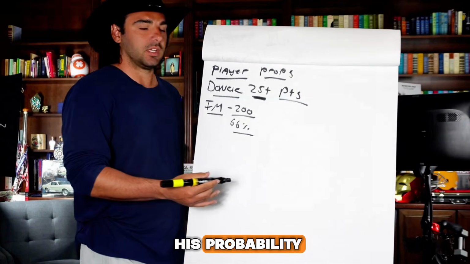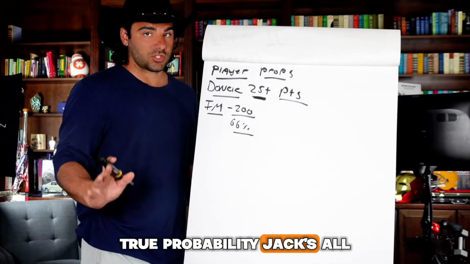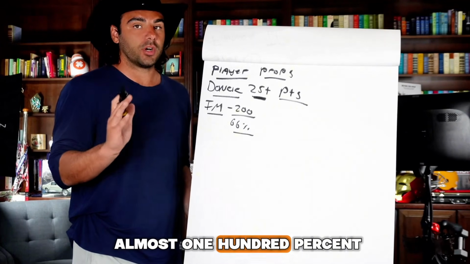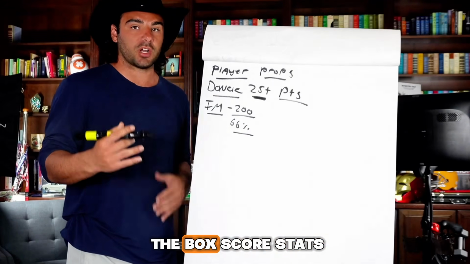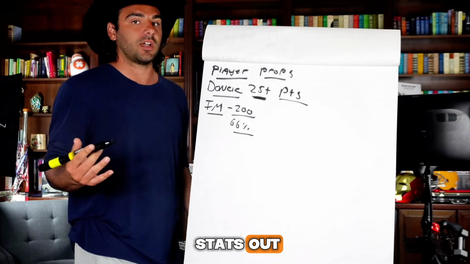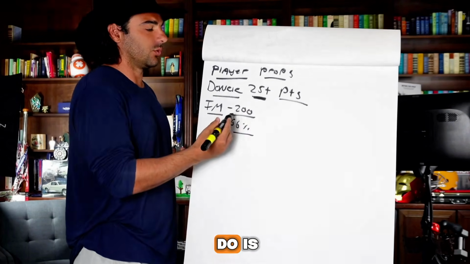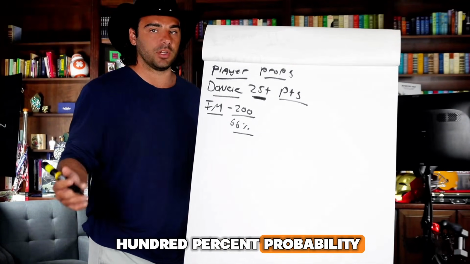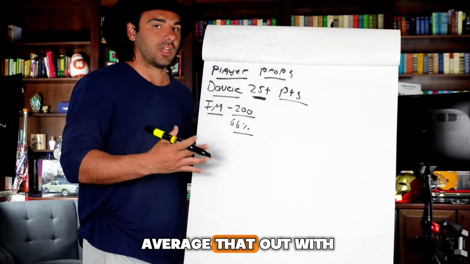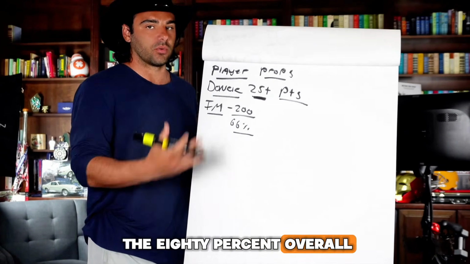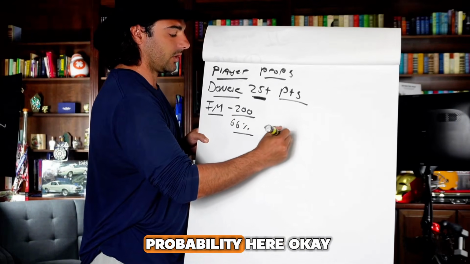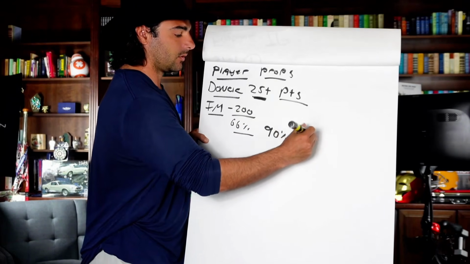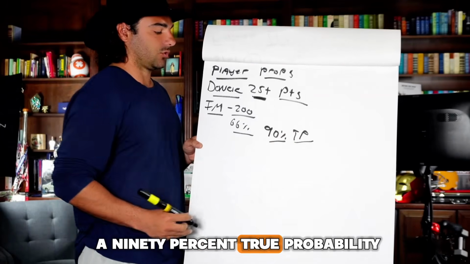His true probability jacks all the way up to almost 100% because of the teams that he went against. If you look at the box score stats and follow those stats out, you would see that. So what you would do is take that 100% probability and average it out with the 80% overall. So that would create what? A 90% true probability here.